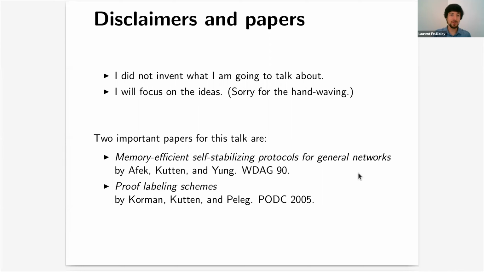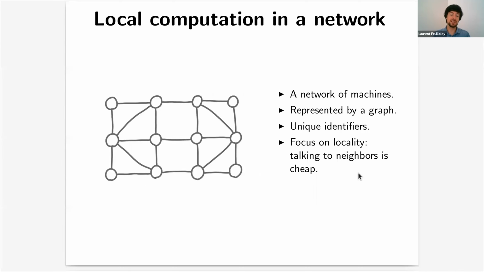Okay, but without further ado, let's dive a bit in what I want to tell you about. So I will consider distributed computing in a network. So you can think about the internet, and in the internet you have machines, and they are linked by cables or whatever communication channels. And I will represent that by the simplest thing you can imagine, which is a graph.